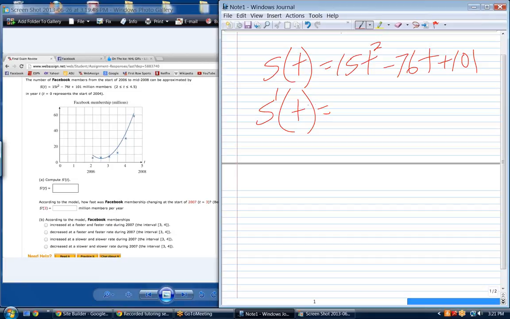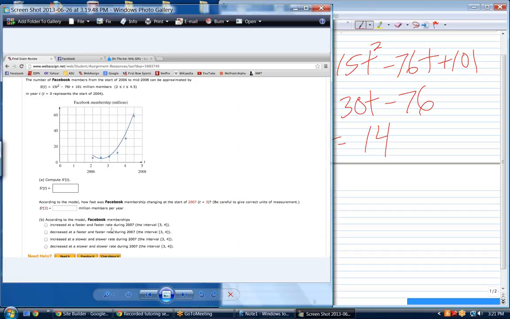All right, so that's 30t minus 76. And what is s prime of 3? 90 minus 76, which is 14. Okay, and then what else do they ask here?